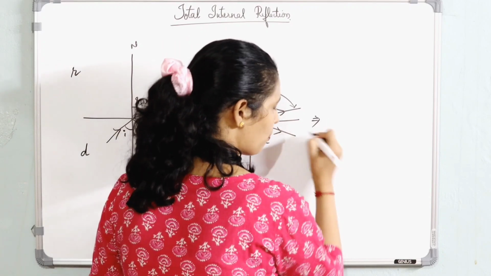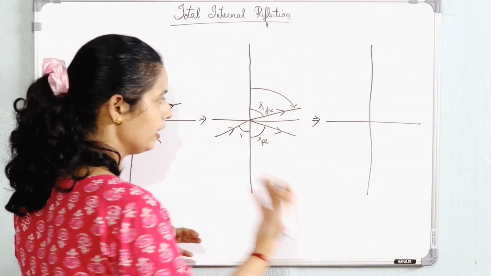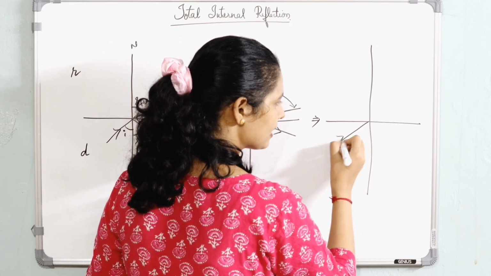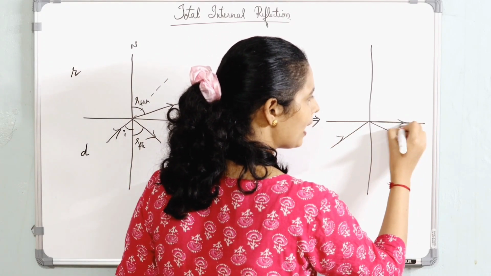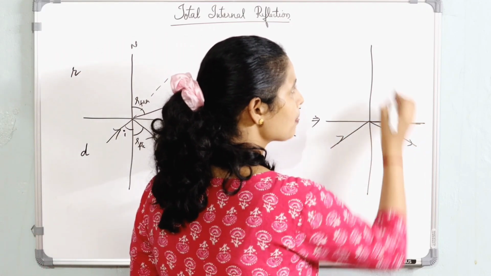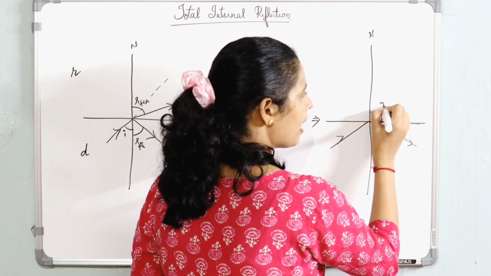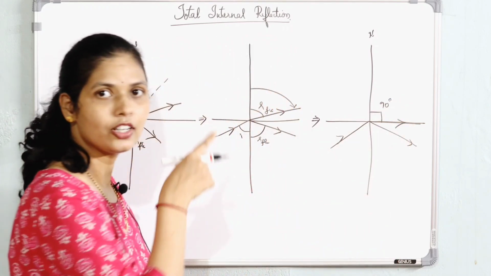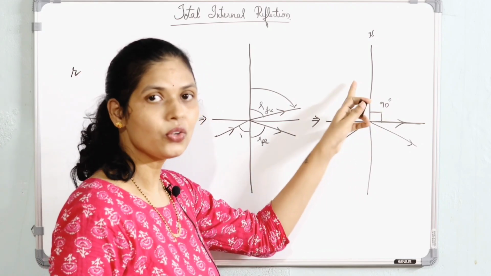So at one point, what happens? You are increasing the angle of incidence, and this refracted ray overlaps with the surface. So when it overlaps with the surface, it makes an angle of 90 degrees with the normal. The refracted ray makes an angle of 90 degrees with the normal.